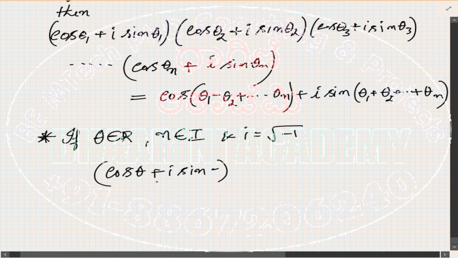This is nothing but the same term being multiplied n times, (cos theta plus i sin theta) into (cos theta plus i sin theta) into dot, up to n times. We apply the above rule to get this. So I have to add theta n times. So theta plus theta and so on, n times, it is n theta. So this can be written as cos n theta plus i sin n theta.